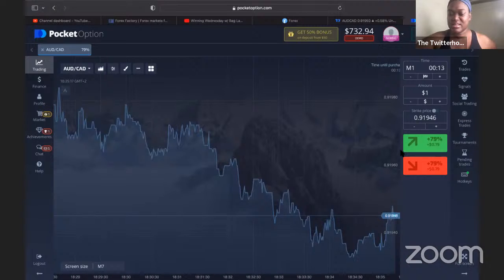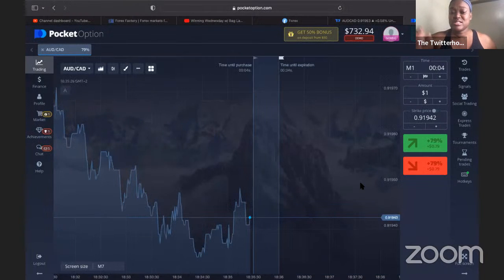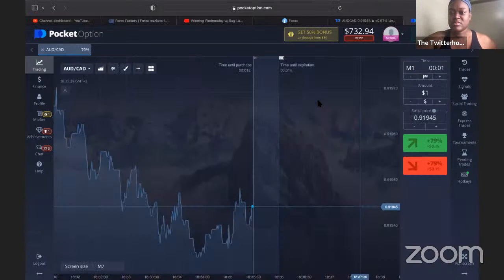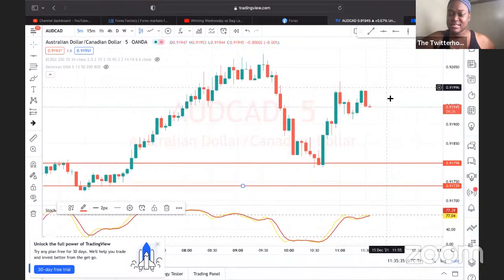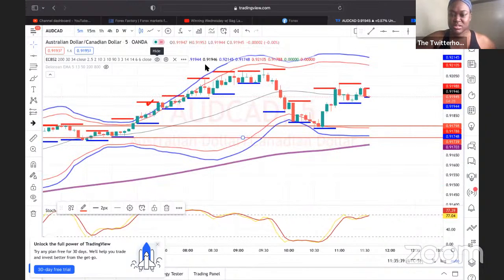All right, I don't know how to move this over. Come on. Okay, here we go. There's the arrow. So I need price to go further down for me to jump in the trade. I'll go ahead and set an alarm.